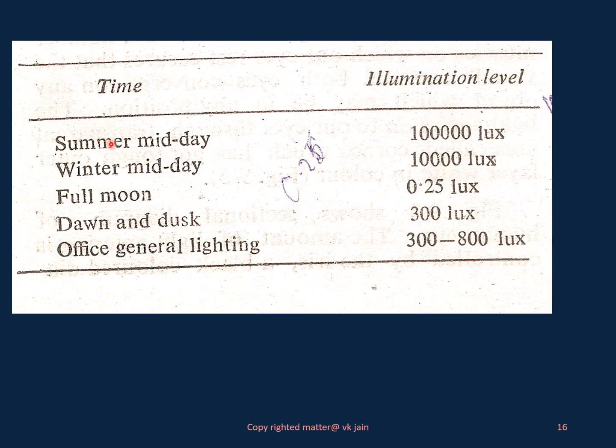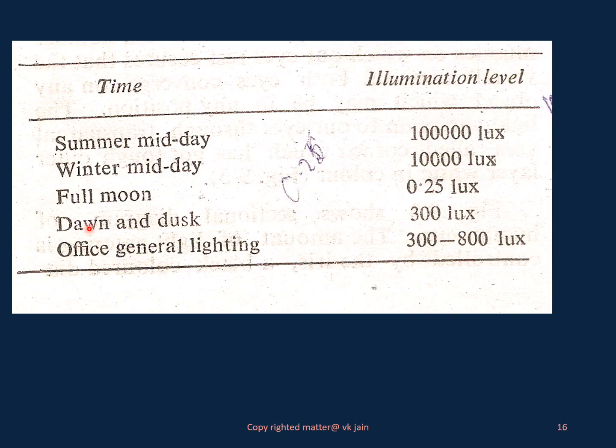In summer midday, it is worth 1 lakh lux. Lux is the unit of illumination level or illuminance. In winter midday, it gets reduced to 10,000 lux. In the night, with full moonlight, it is just 0.25 lux, very low.